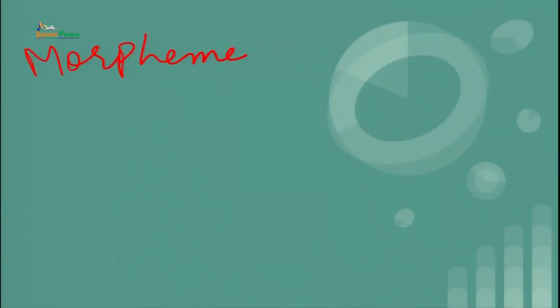Let me tell you that some of the linguists argue that they are the smallest meaningful unit. Some may play a grammatical function. So, let us take the example of go. Now, what happens in go? You can use this word as it is and you cannot further divide it. Why?